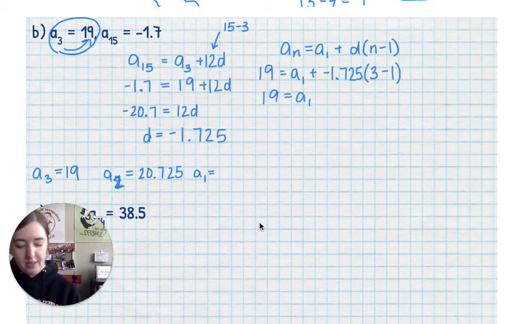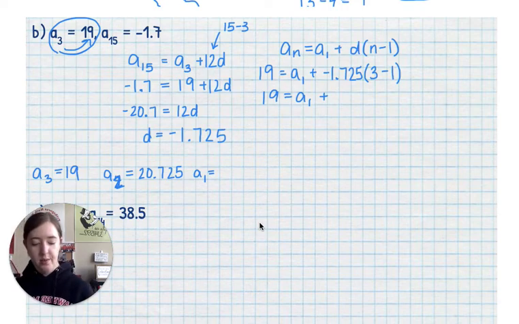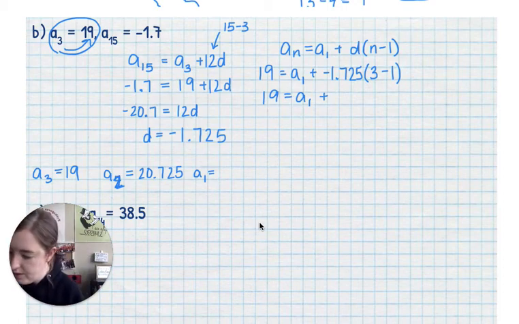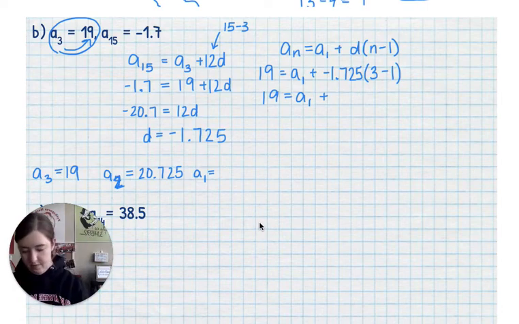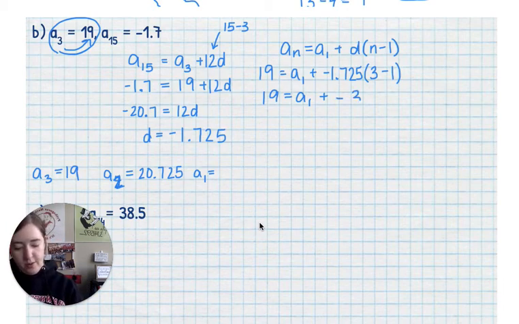19 equals a sub 1 plus, and then we'll take negative 1.725 times 2, right? Let me grab my calculator real quick. Then we've got a negative 3.45.